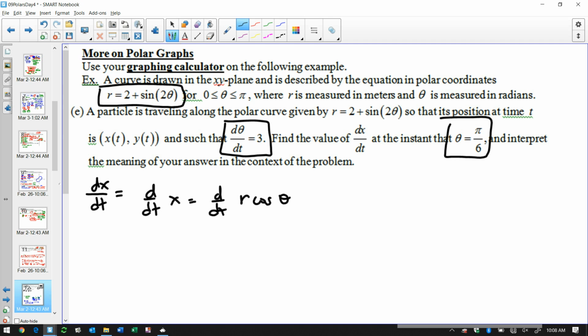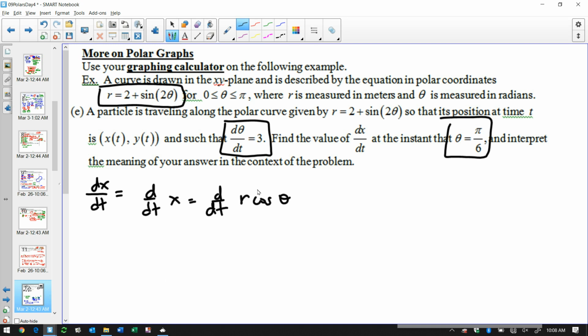Okay, if you're ever stuck on a polar problem, it's probably because you forgot x is equal to r cosine theta and y is equal to r sine theta. Okay. Does this help me? I need to take the d dt of r cosine theta. I need you guys to help me here. What would you do? Because there are several things you can do here, and I want to do what you would do. Okay, so on a test, what would you do?